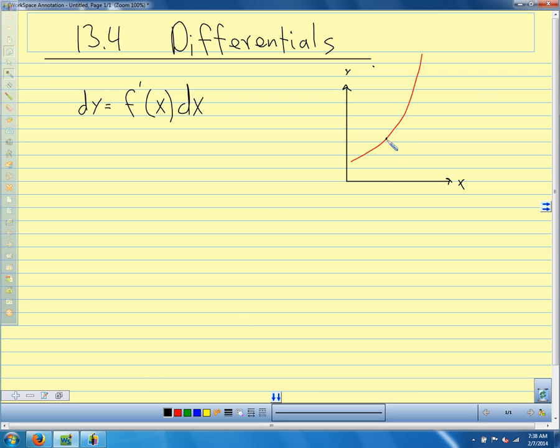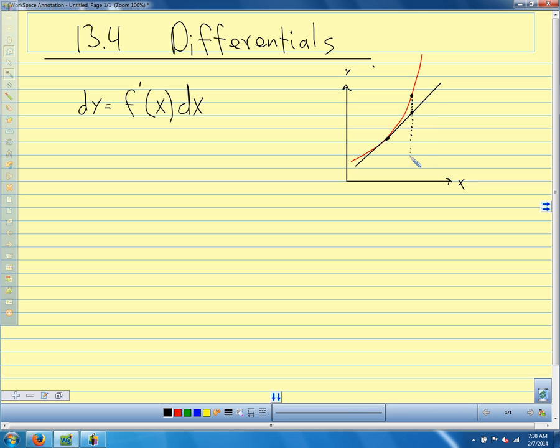So we'll draw our tangent line there. And we approximated the change in the function from this point to this point by the change in the tangent line, because lines are a little easier to deal with.